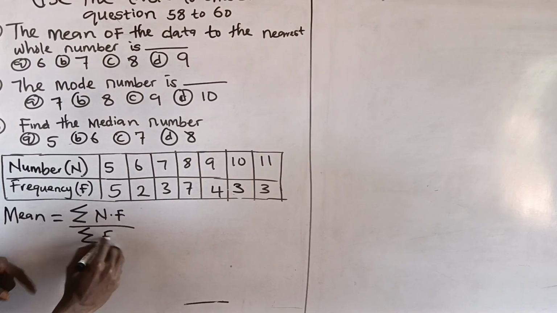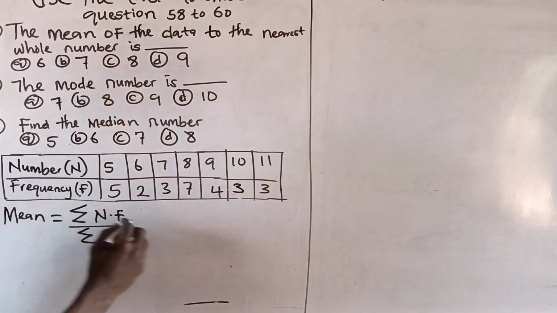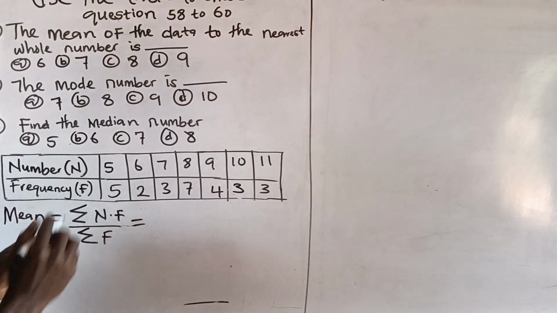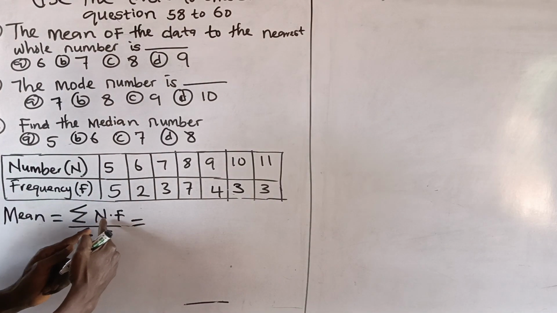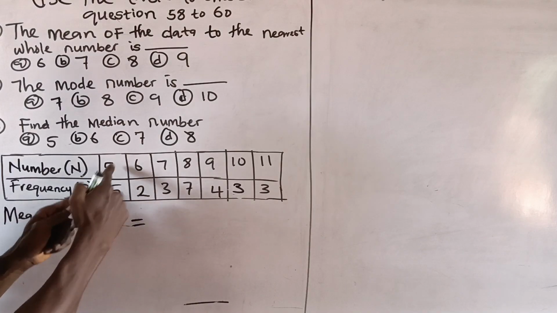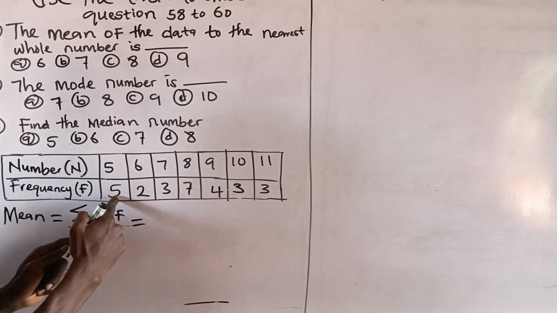Summation means plus. So now let's do it. It's equal to summation n times f. That is n, number, times frequency.